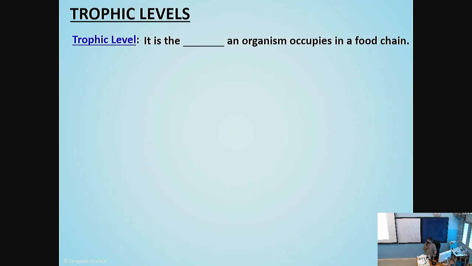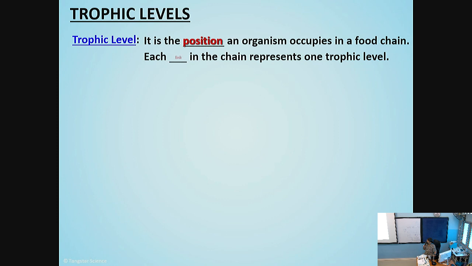When you say trophic level, it is the position an organism occupies in a food chain. So each link in the chain represents a trophic level.